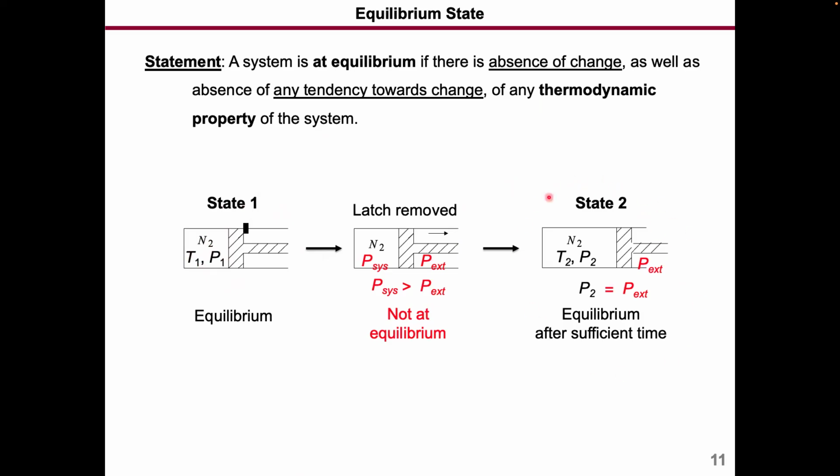And when you reach a different state, you have a P2, which is lower than P1, and a T2, also different from T1. So these T1, P1 or T2, P2 define the state. They describe where your state is, or what your state condition is, okay?